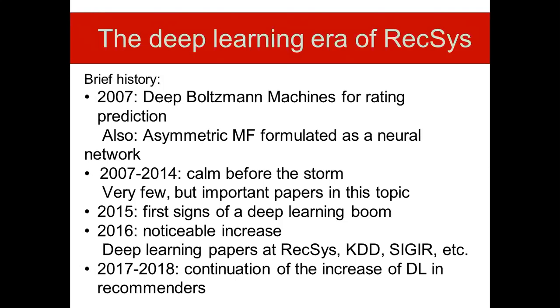About 3 years ago, my group started to work on deep learning for RecSys, but we really had a hard time finding relevant papers in this domain. But now we have seen an exponential increase of papers.